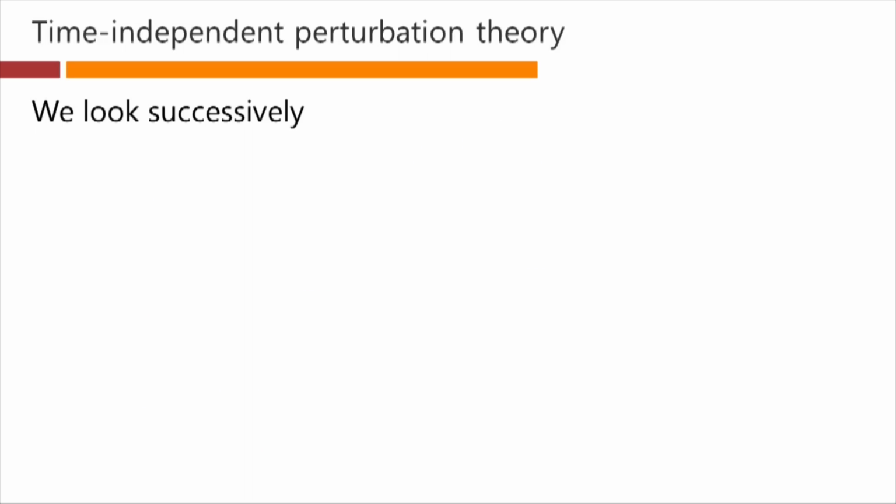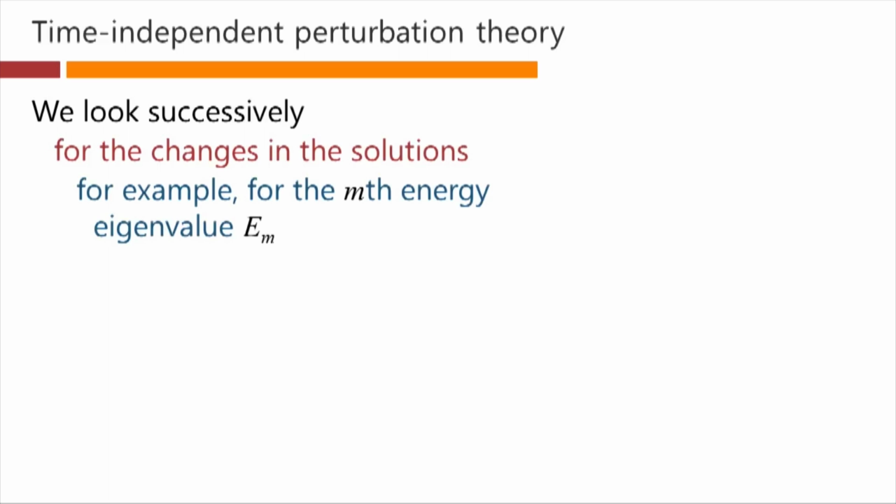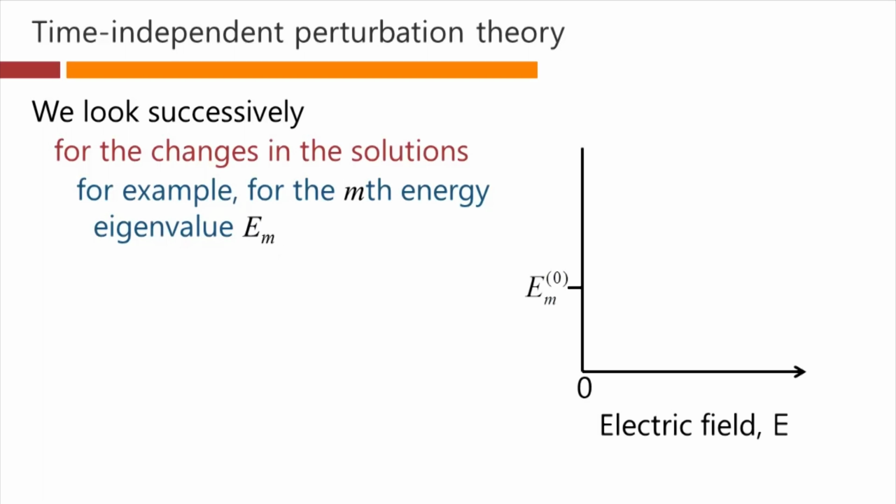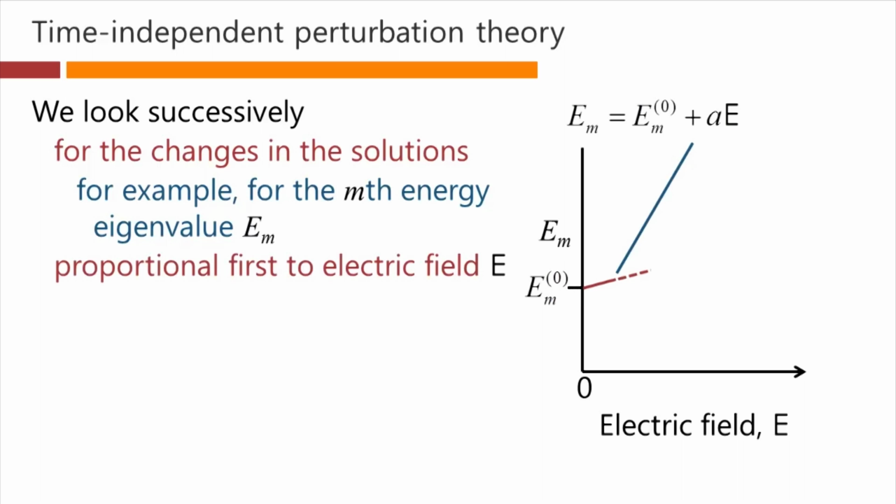So we could look successively for changes in the solutions that we're going to see, for example, in the mth energy eigenvalue, Em. So here's what it is to start out with. We've called it Em with a superscript 0 here, and at 0 field we presume it starts out at some value here. And then perhaps, first of all, as we turn on our field here, the eigenenergy changes linearly with field.